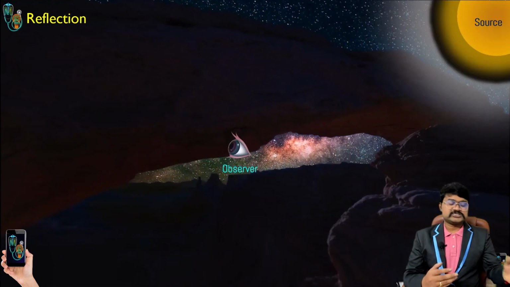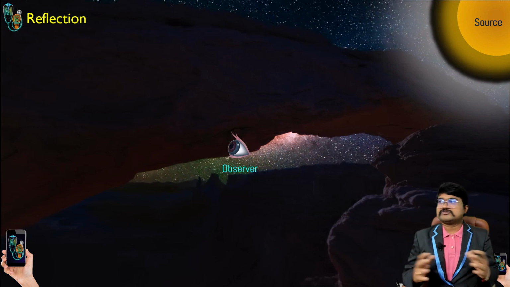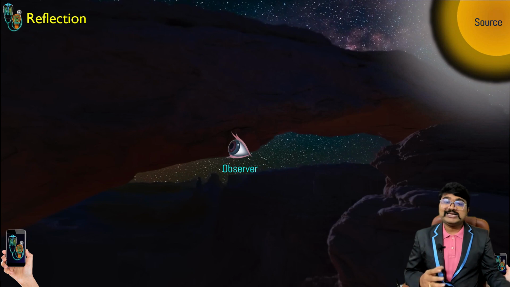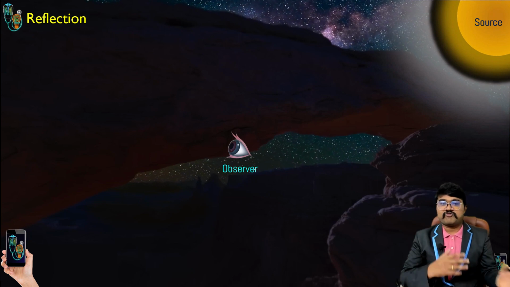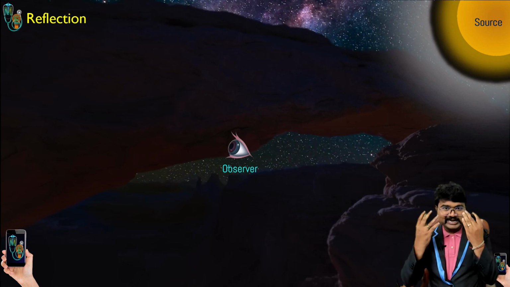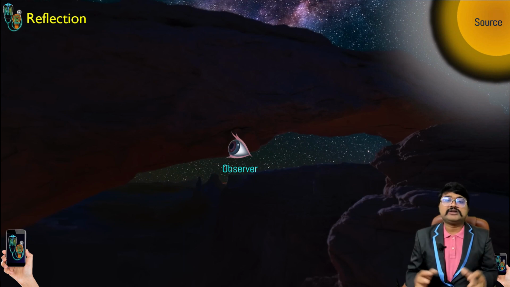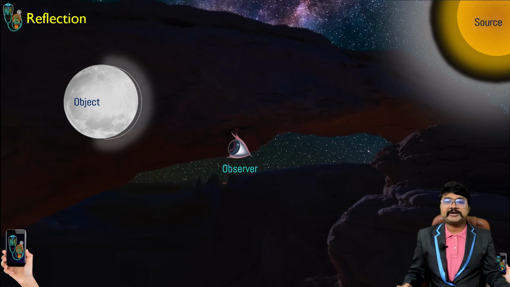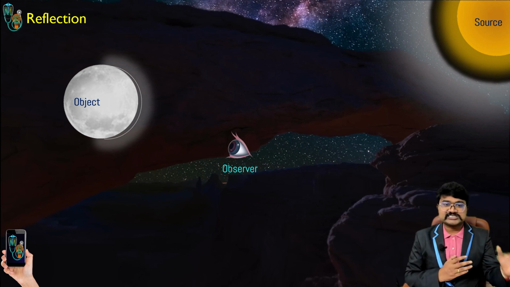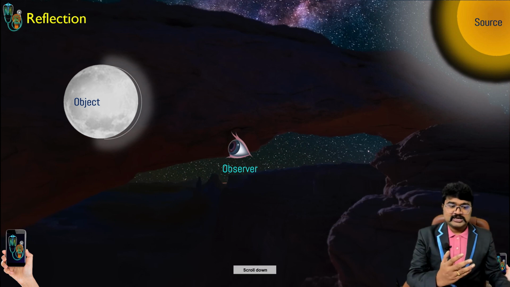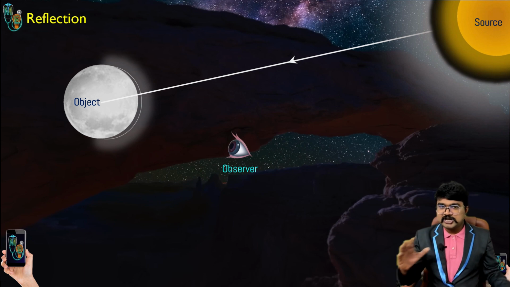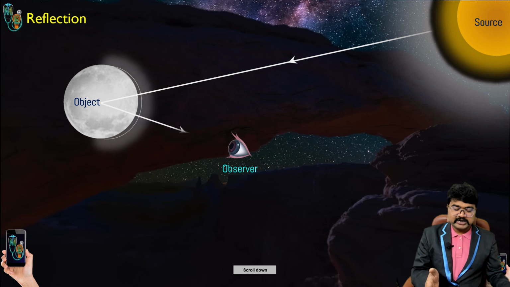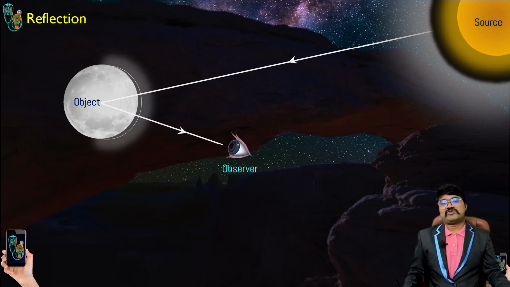Very simple. This is the source. The main source for seeing objects is the sun. From the sun, light is coming and is incident on the object, and the reflected ray reaches your eye. By that you are able to see the objects. Here this is the object, and the source is the sun. From the source, the incident ray is coming, incident on the object and reflected from the object, and the reflected ray reaches the observer's eye.